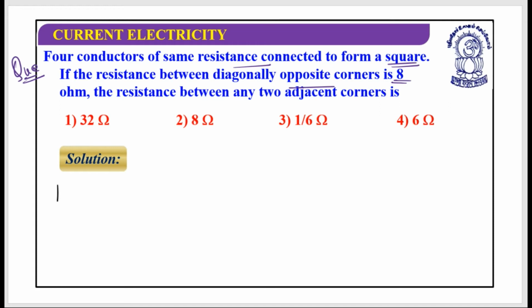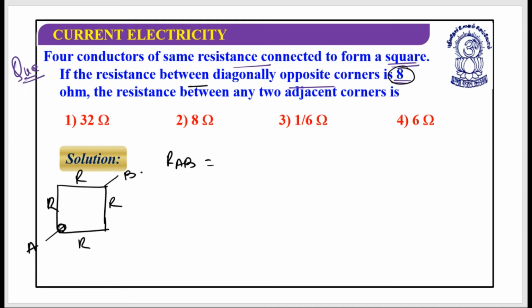What the data says is that four conductors are there, something like this, of the same resistance: R, R, R and R. If the resistance between diagonally opposite corners, let's suppose this is A, this is B, and this RAB is 8, then the resistance between any two adjacent corners.